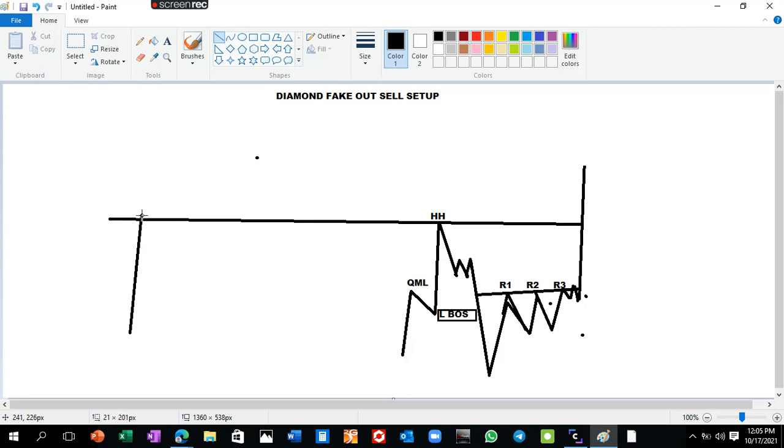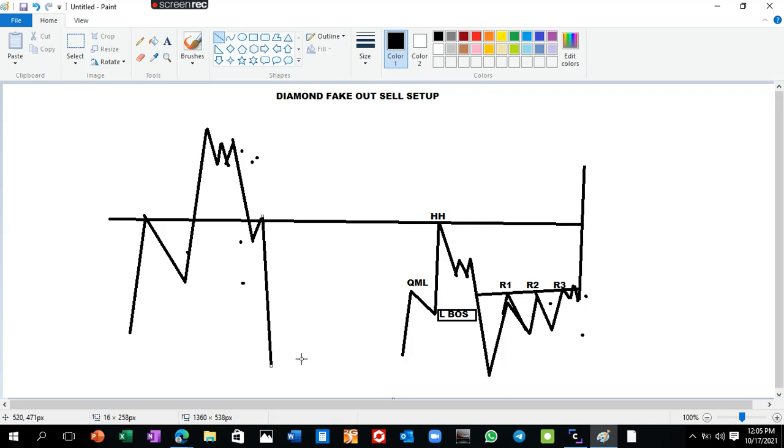Price will come to this level and then reverse, then push to the upside again, and then from somewhere here you will have what others call an MPL, just like we had on the other side. Others will call this an FTR. So then price drops. Usually we expect that sometimes price will push to this level, break this level, and then push again to this level and then drop further.